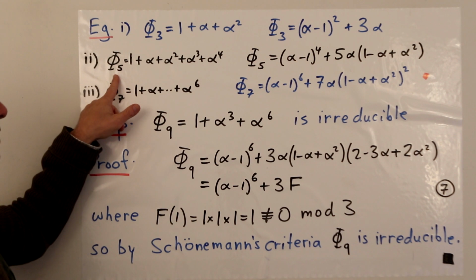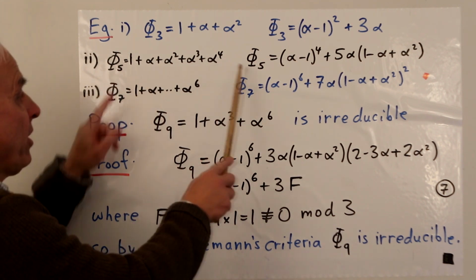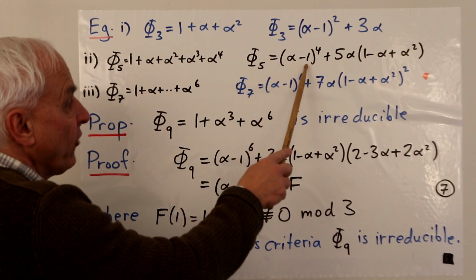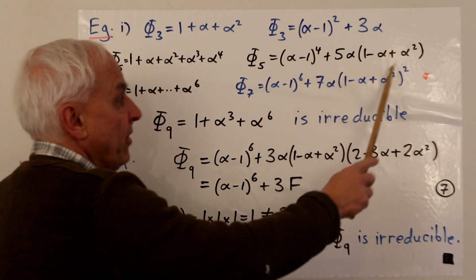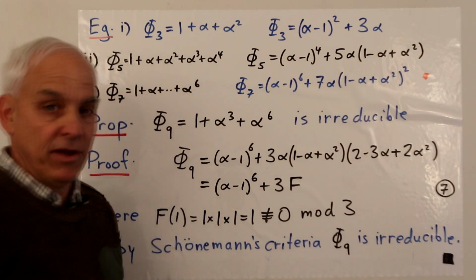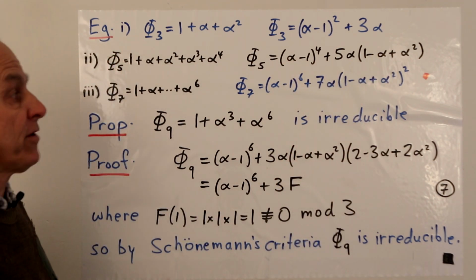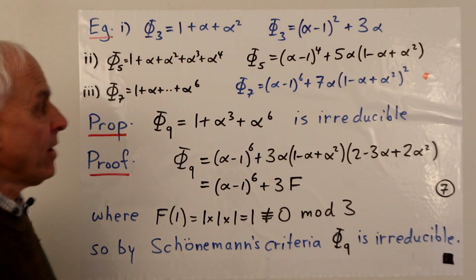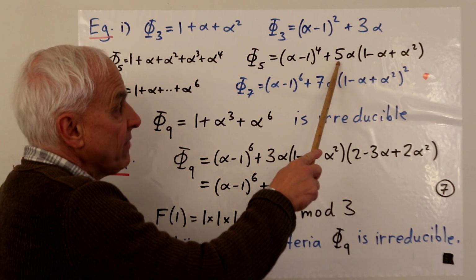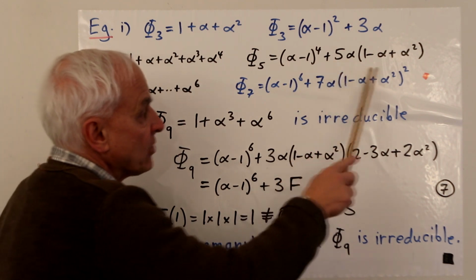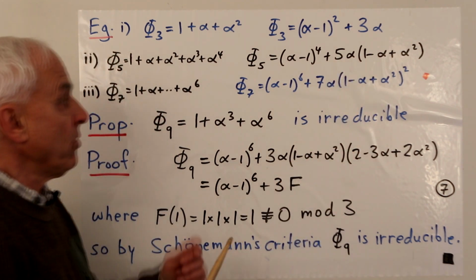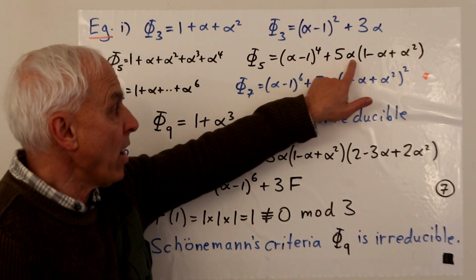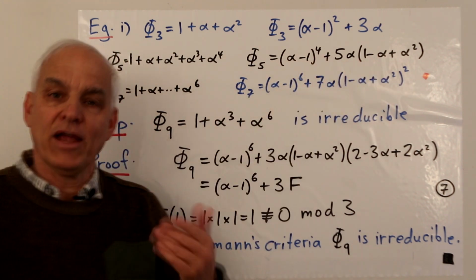When p is 5, there's our cyclotomic polynomial, we could write it as (alpha minus 1) to the 4th plus something, and you can calculate what that something is. It's 5 times alpha times (1 minus alpha plus alpha squared). So the prime is 5 in this case, and this extra factor here has the property that when you plug in 1, you get 1 times 1, which again is non-zero.